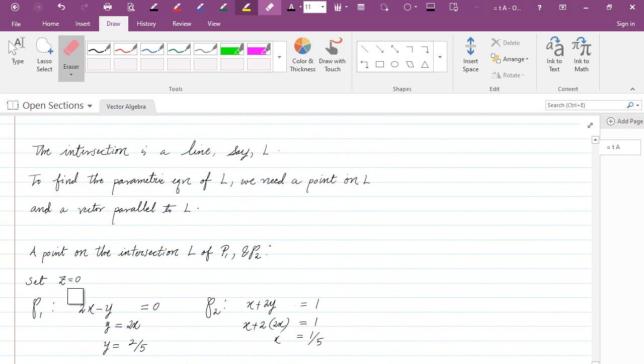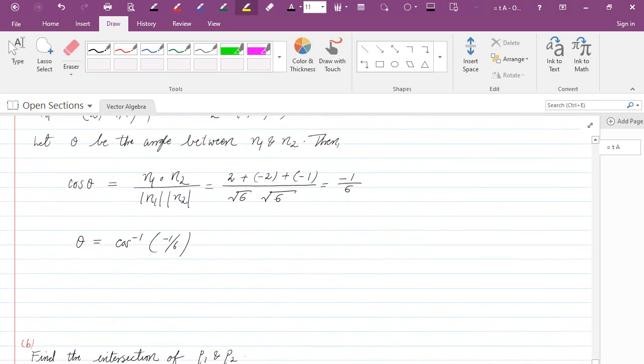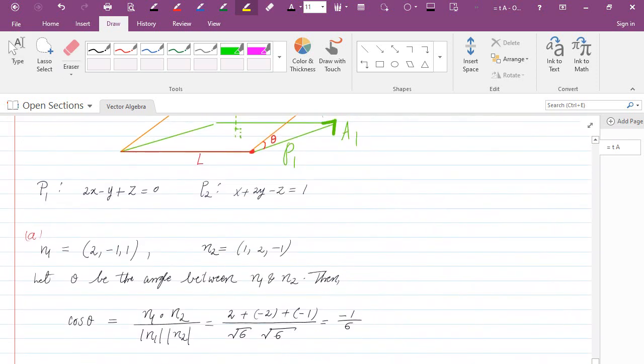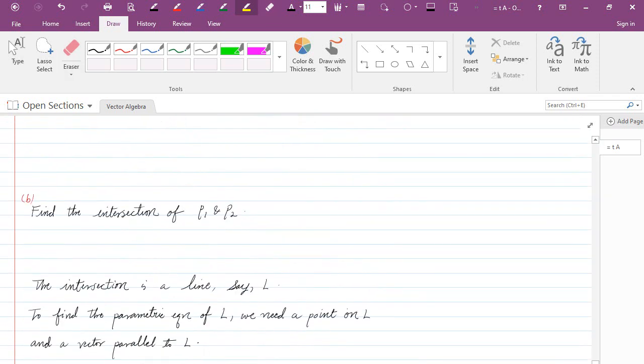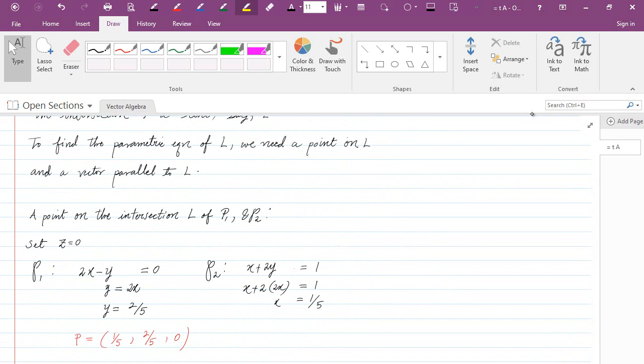We're setting z to 0 in the equations of the two planes. So here and here we're going to set z to 0, and then we're going to get two equations with x and y only, and then we can solve for x and y.